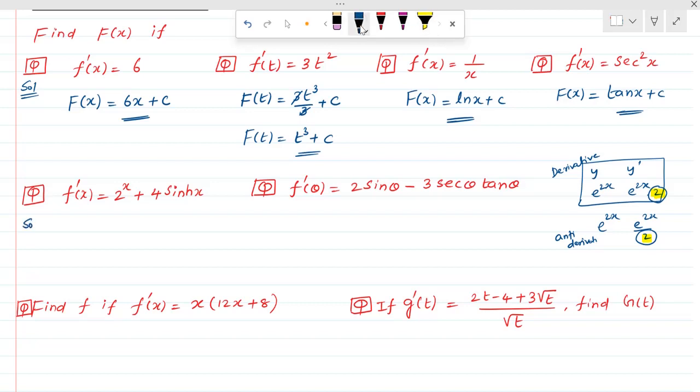So I will calculate this one. F of x is equal to 2 power x over ln 2 plus 4 times cosh x, because it's a hyperbolic function. Now the next one, f of theta. What is this one? 2 sine, differentiation. We move to the next, sine.